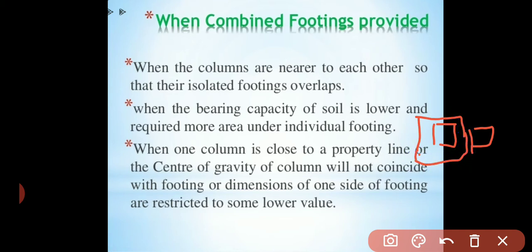This is the footing for this column and this is the footing for the second column. In this case, as part of the footing is overlapping, we'll combine these two footings and make one footing for these two columns. So this is the first case.